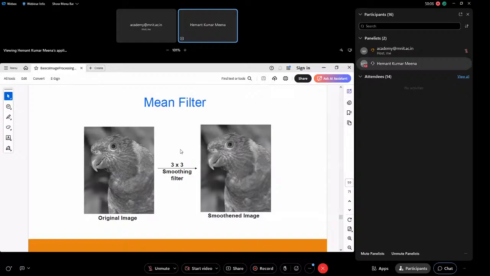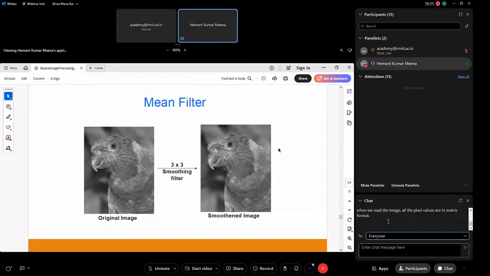If it is a colored image, you can easily change it to a gray level. RGB to gray, there are already defined functions where you can easily convert it. You can try your own image and see how many pixels it has. You can even fix the size, converting it to a standard size, for example 50 by 50 or 40 by 40. When we read the image, all the values are in pixel format, because the image is actually stored in that form.